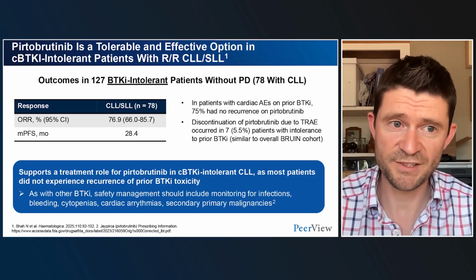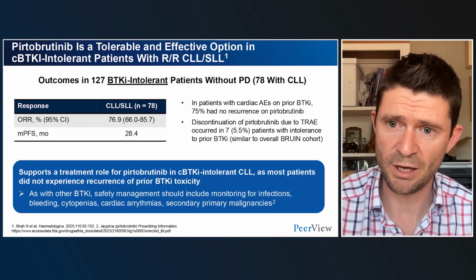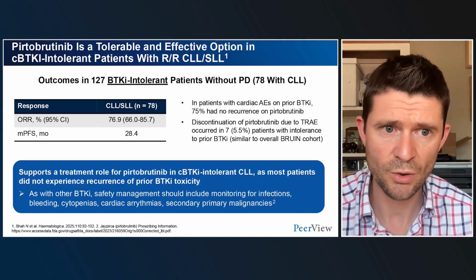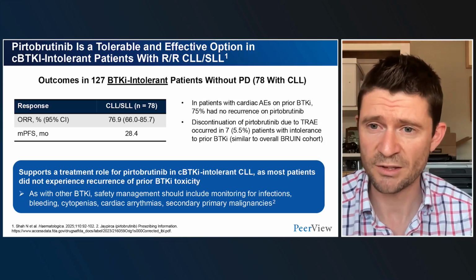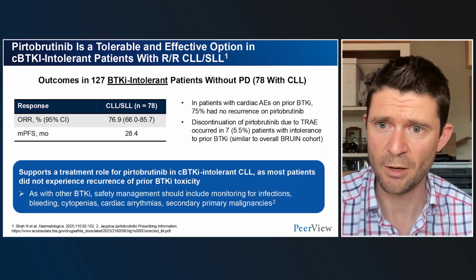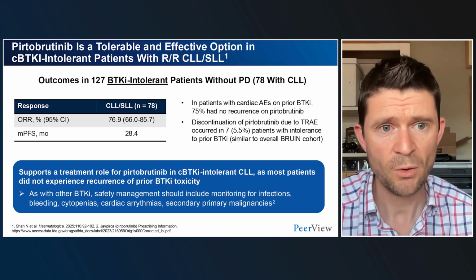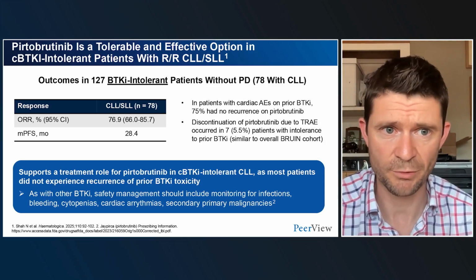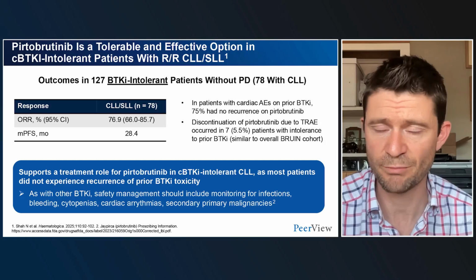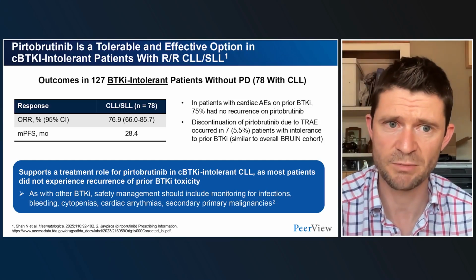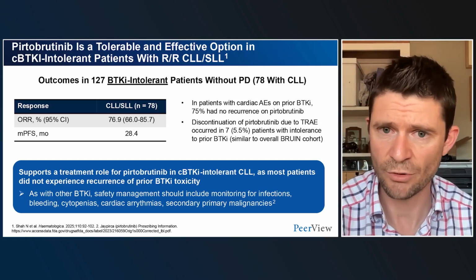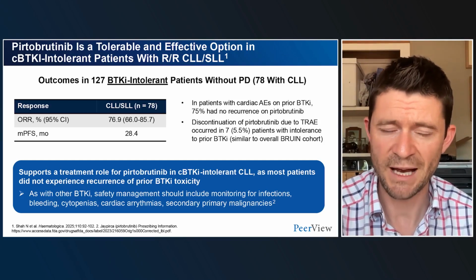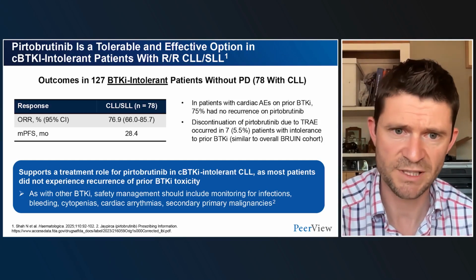Now, there are a number of other studies of pirtobrutinib from the initial phase 1/2 clinical trial, which is a very large phase 1/2 study of approximately 800 patients. Within that, there was a useful subgroup of 127 patients who previously received a covalent BTK inhibitor, but were intolerant of this, but hadn't had progression on the covalent BTK inhibitor.